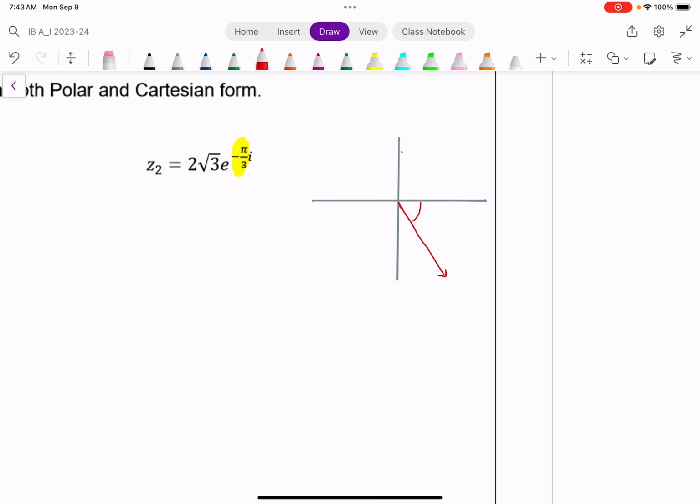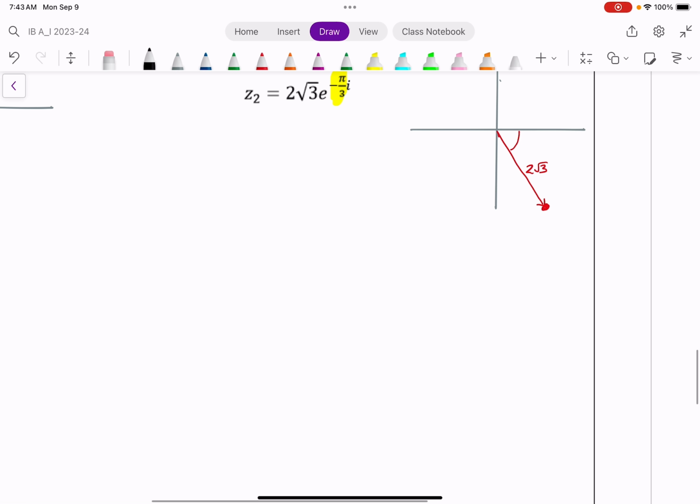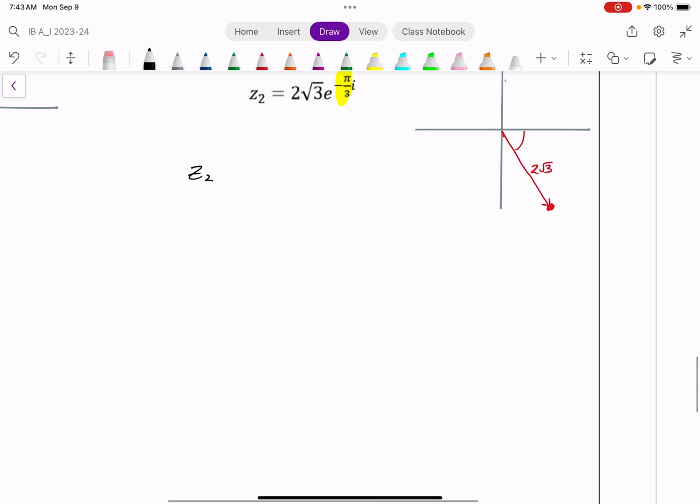And 2 root 3, I should say, is the modulus. So 2 root 3 is the length of that. So again, without even doing that, I can write this in polar form. In polar form, this is exactly 2 root 3 cis negative pi over 3.